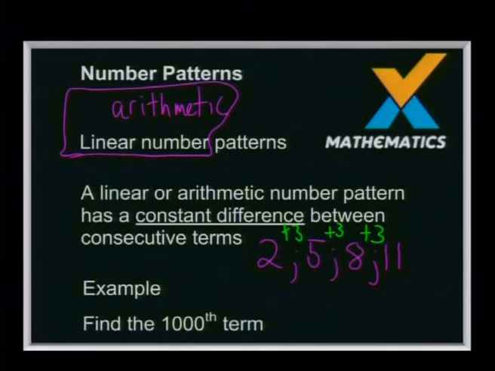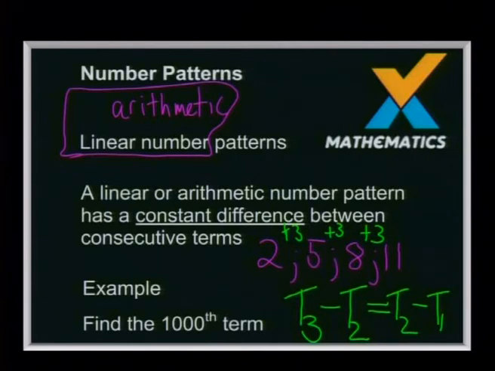Right. Now, this one is pretty obvious, 2, 5, 8, 11. But there might be some number patterns that are not that easy to identify. So let's also remember this rule, that if a number pattern is arithmetic and I subtract the second term from the third term, that must give me the same answer as if I subtract the first term from the second term.